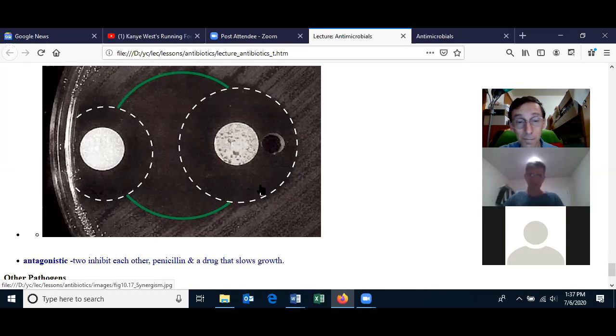And so that first antibiotic might not be antagonized by penicillin, but this one, because it's near this one, can actually make the penicillin zone of inhibition less, because this antibiotic slows the growth of these bacteria. And that's when they're antagonistic. Okay? Any question about that?